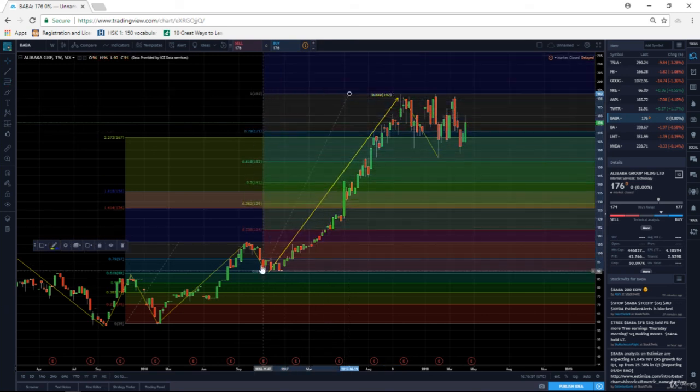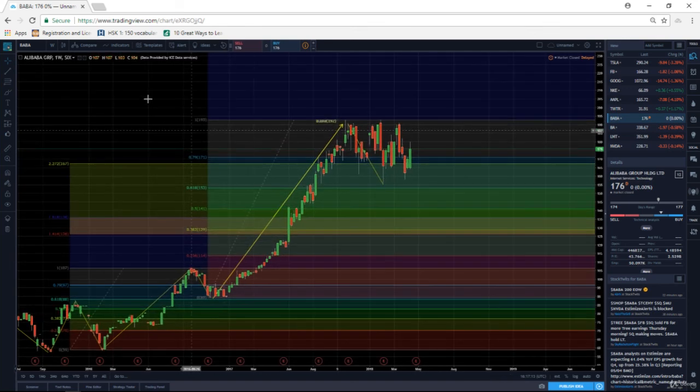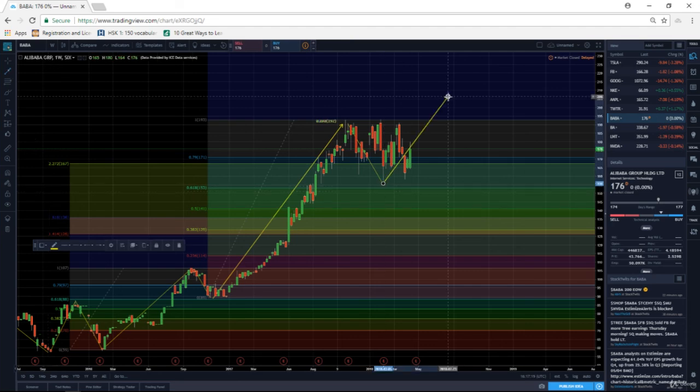You can see here, this one retraced at 0.618 and this one retraces above 0.618. All right, it's the same situation, and you can see now that Alibaba still has power to go up. So this is a very good stock to buy right now, because it has power and the trend is getting longer, right?